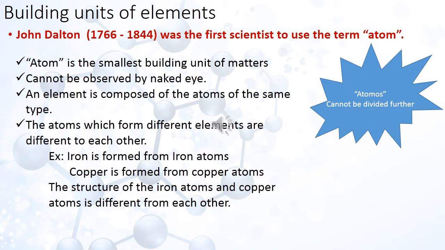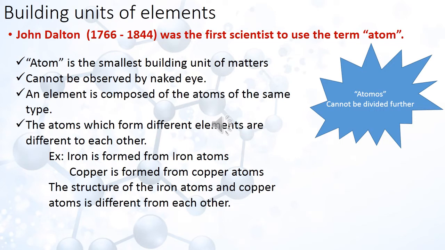So all matter is composed of these atoms. What can we say about atoms? An element is composed of atoms of the same type. For example, we take the element aluminium.